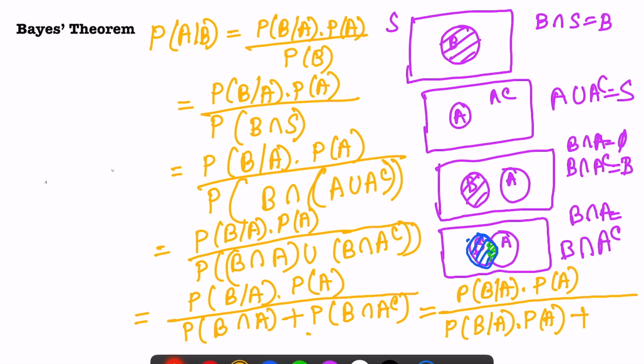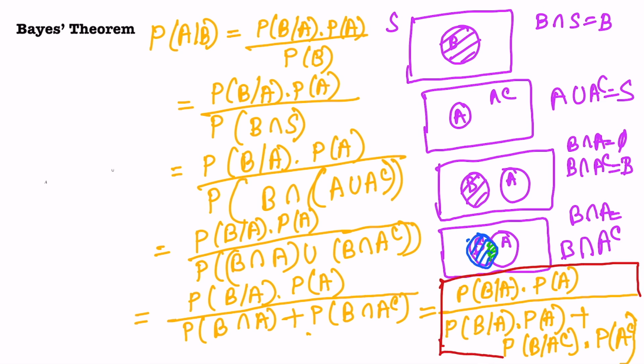Probability of B given A complement multiplied by probability of A complement. So this is something we basically use in many examples, right? So we'll see one more example.